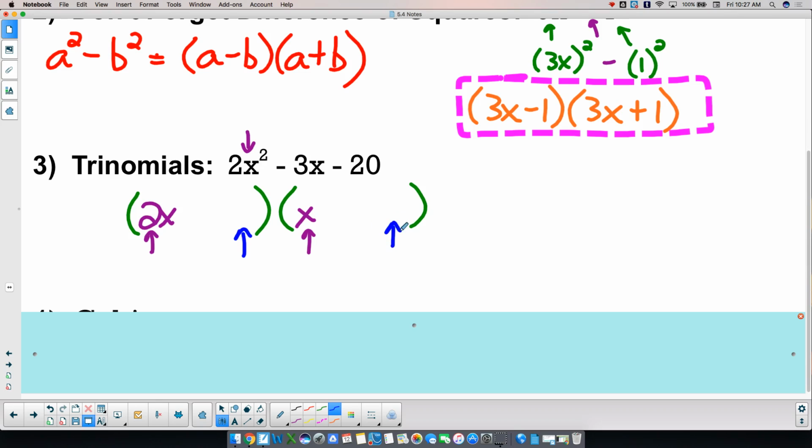And then these last 2, the other 2 spots that fill up our binomials, multiply together to be 20. What multiplies together to be 20? 5 and 4? 10 and 2? Is that it? 1 and 20. So we got 3 choices there.